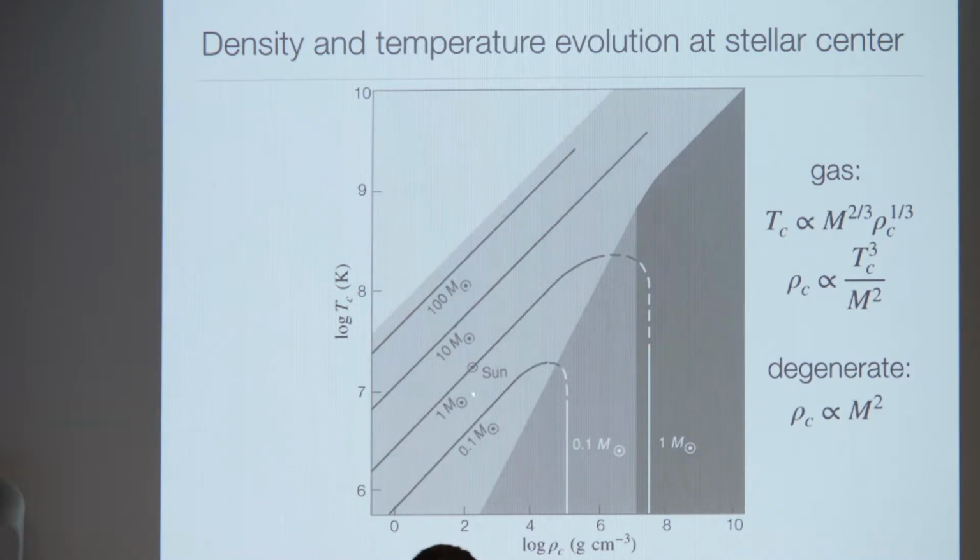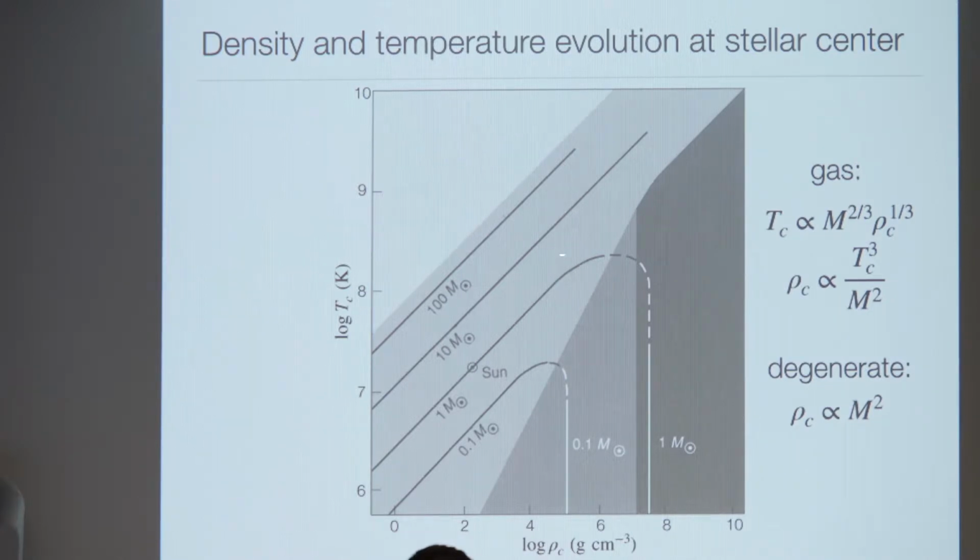In the case of 1 solar mass, as it evolves and climbs up this line, you start to get close to the line separating degenerate pressure and ideal gas pressure. What does it mean? If the gas were only dominated by the ideal gas pressure, it would go up like this.